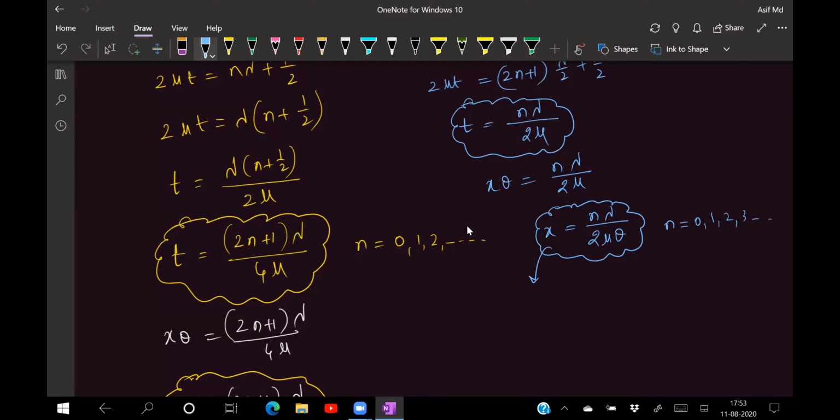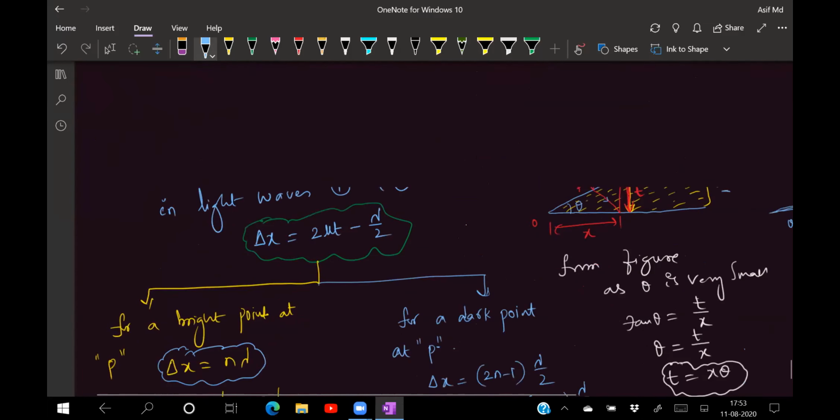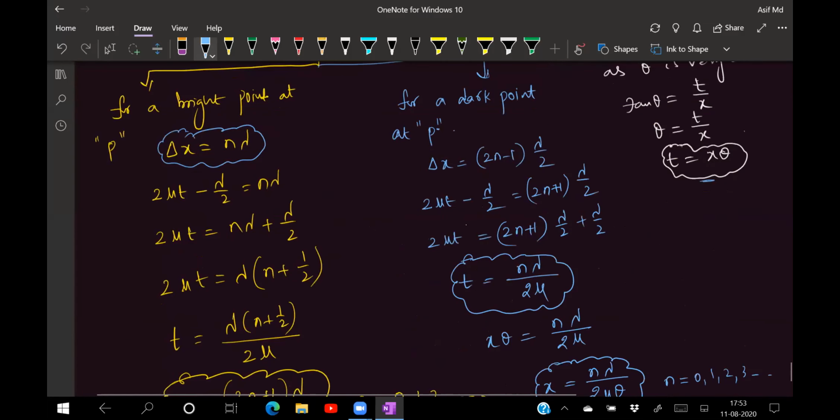So what is x representing? x is representing the dark point, or I can say the nth dark fringe from point O. If I take the given diagram for the given condition, n value is equal to 0.